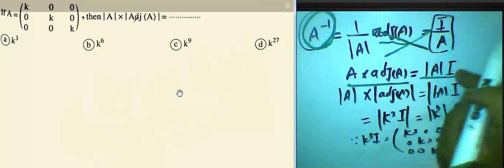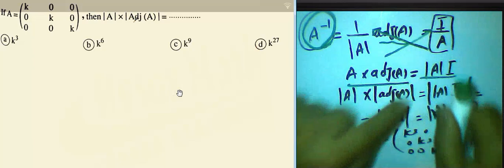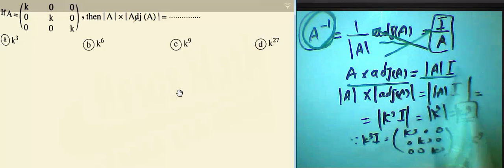We must write I behind it. If we write only determinant A, we will get a number. But we are talking about a matrix, so you must write I here.